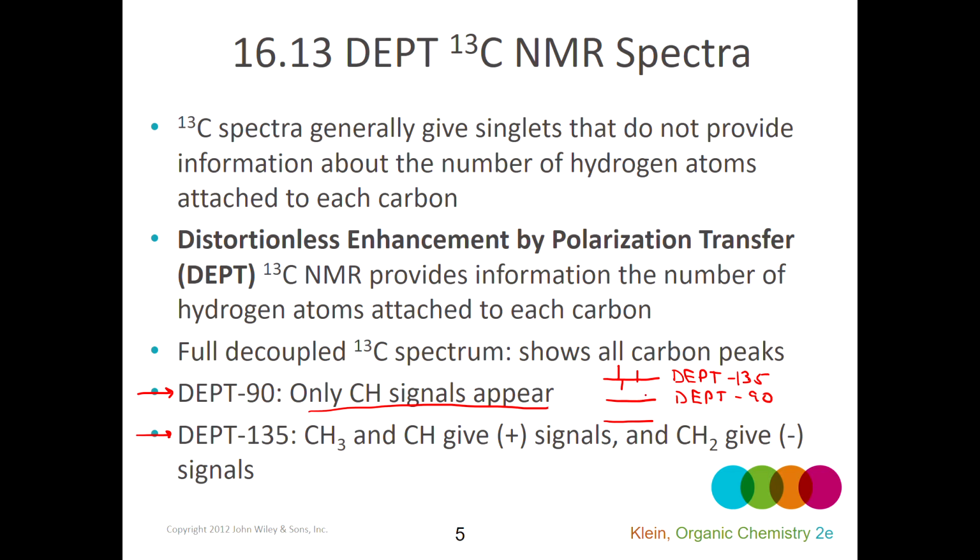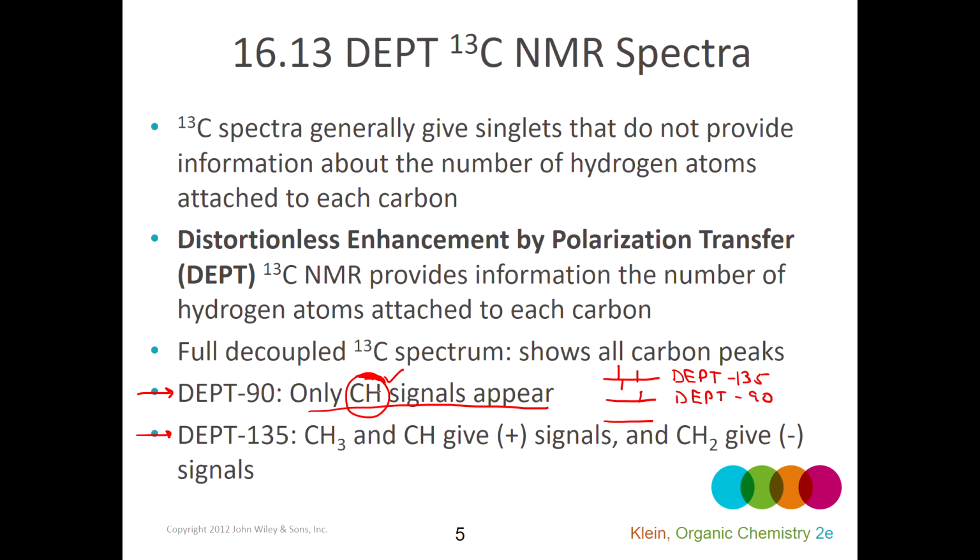The DEPT 90 only shows CHs, but our machine needs some adjustments, which I haven't had time to make, and personally actually don't know how to make, so I'd have to contact the company. Unfortunately, you may see some peaks on your DEPT 90 that don't correlate with CHs.